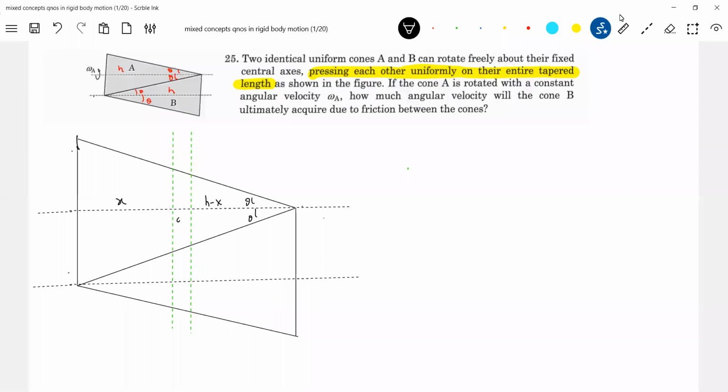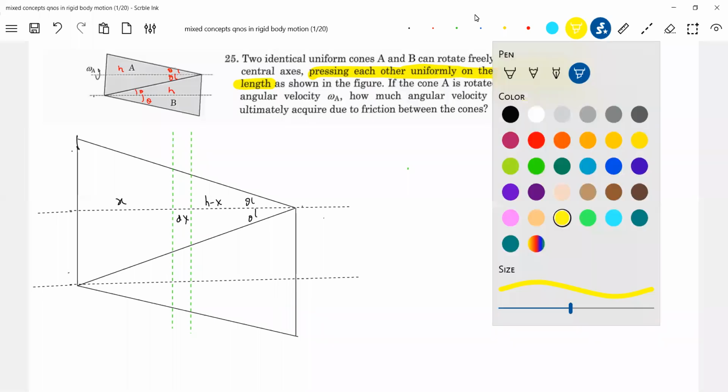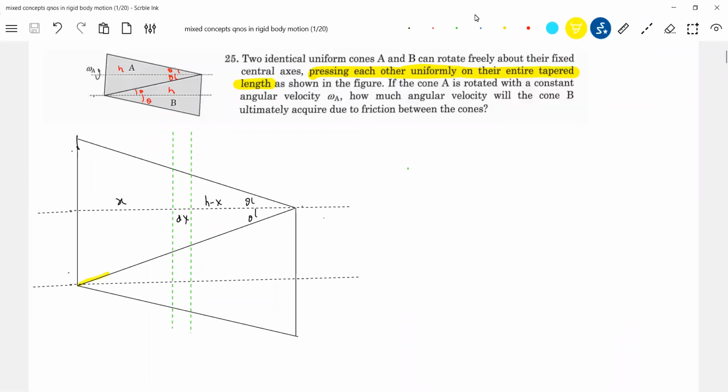Now let this be equal to dx. In fact, dx is very small; to make it visible in the diagram, I'm drawing it that way. Now you can see I'm interested in this strip. They will press uniformly. Can you guess how it will be?